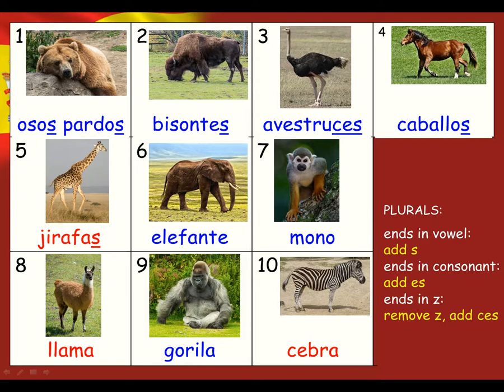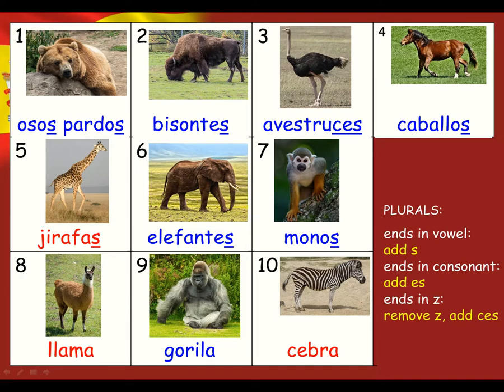And number six, one elephant is elefante. How do we say elephants? Right, elefantes. And number seven, how are we going to say monkeys? Monos. There's another one that ends in a vowel.